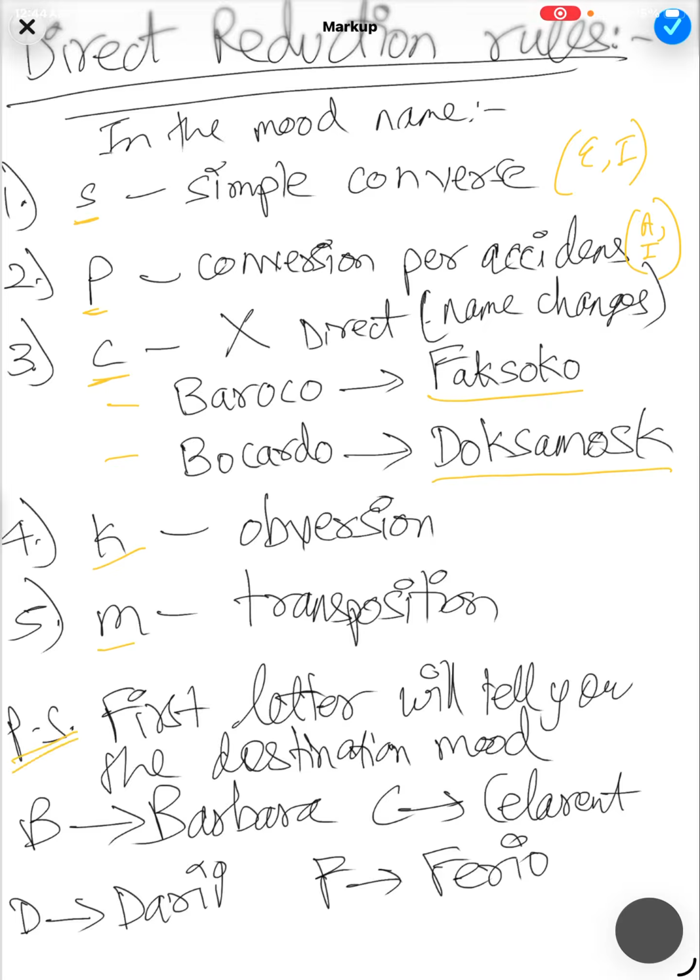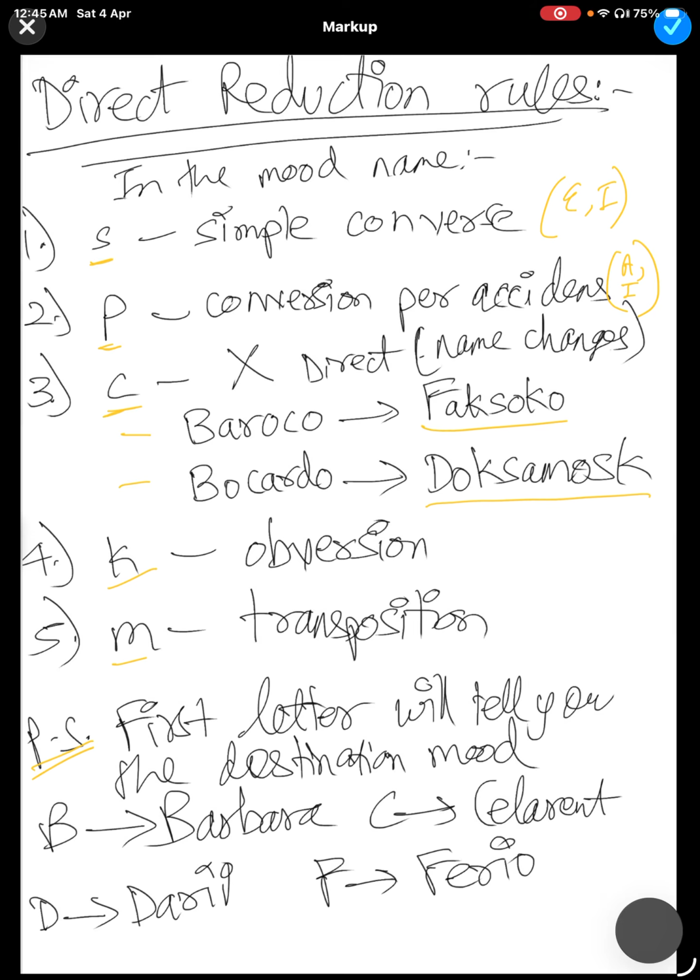Important information. Now we left out the first letter. So what is the purpose of the first letter? The first letter will tell you the destination of the mode. So suppose you have B as the first letter, like Baroco and Bocardo over here, then you know your end result will be Barbara. If you have D, then it will be Darii and so on. C, Celarent, F, Ferio. Okay.